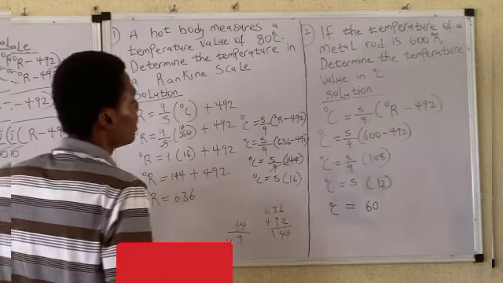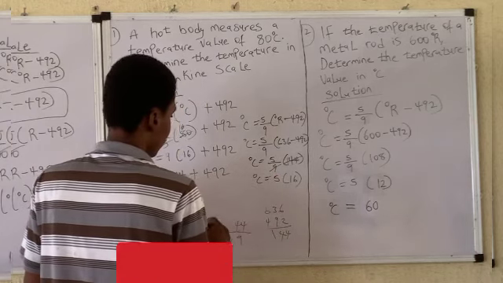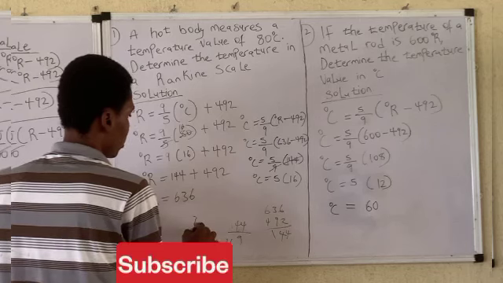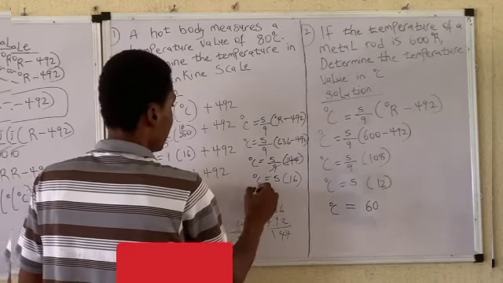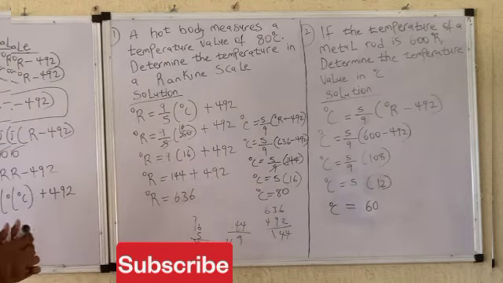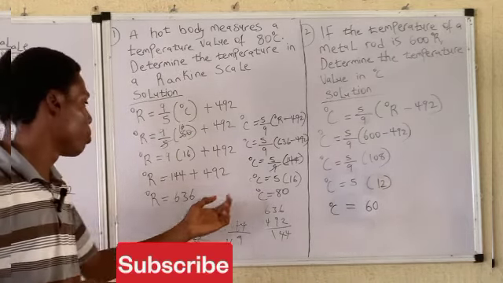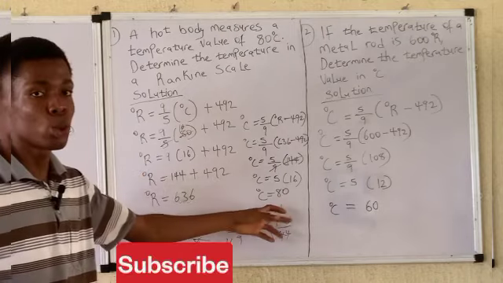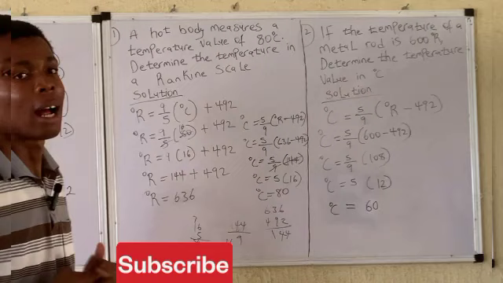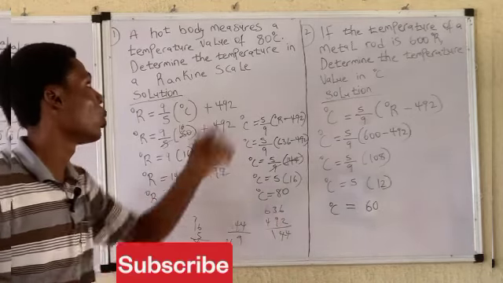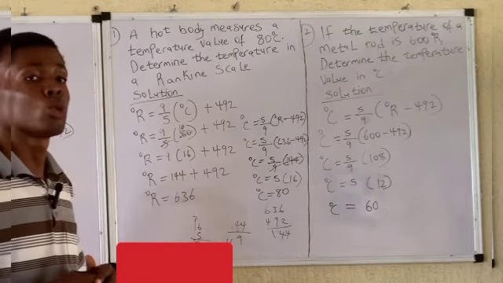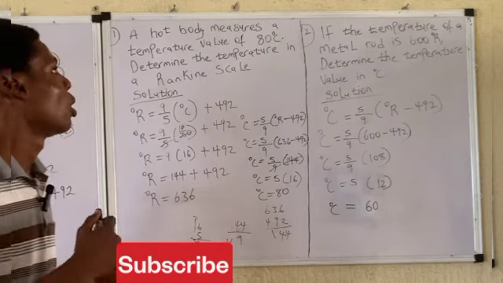So our 16 times 5, that is 80. So our final answer for degree Celsius is 80. Now we have converted from our Rankine back to our degree Celsius, and it still gave us our answer, which is 80, as you can see in the question. So that is how to convert from Rankine back to degree Celsius.